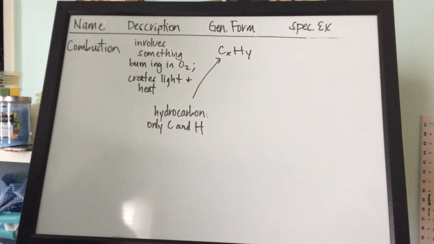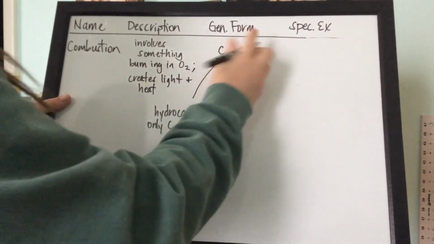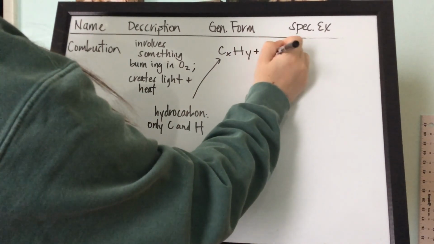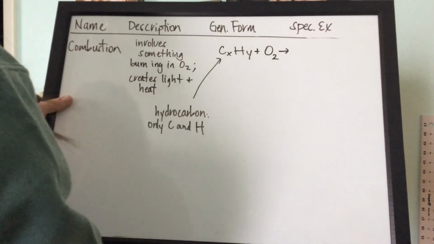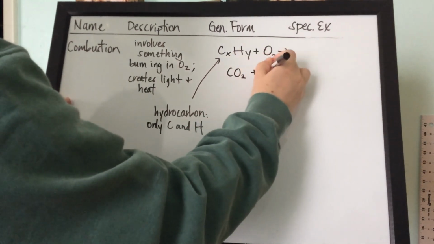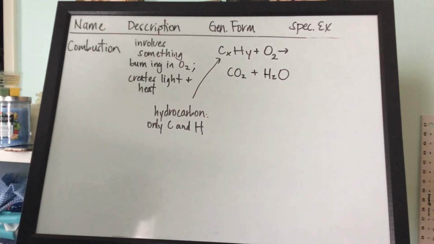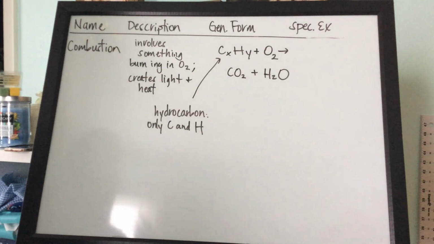So most combustion reactions are a hydrocarbon. Not all, but most are a hydrocarbon that reacts with oxygen gas, O2, and it produces carbon dioxide and water. Okay? All the time. That's the trademark products of a combustion reaction. CO2 and H2O.